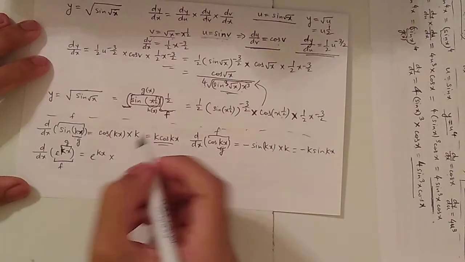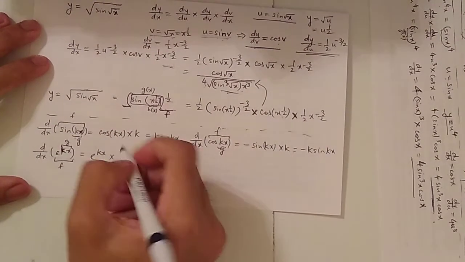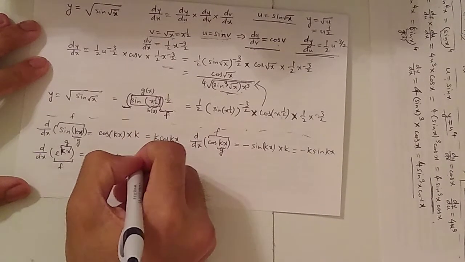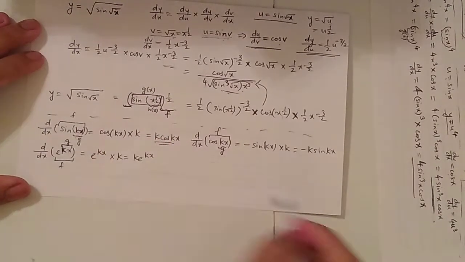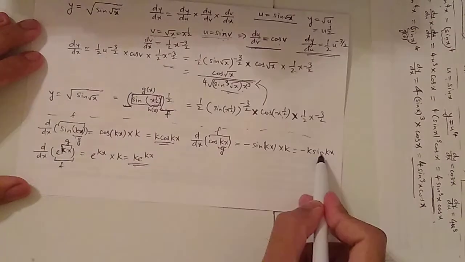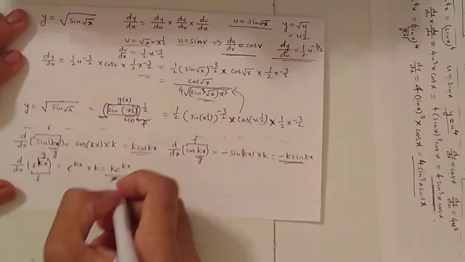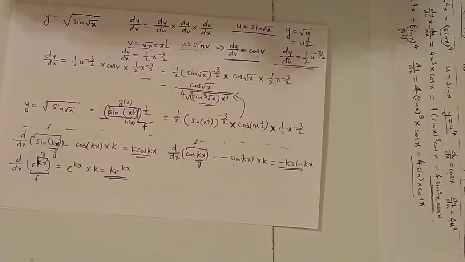And then you multiply the derivative of the inner function kx, and that is simply k. And this becomes k into e raised to kx. Again, these two were established back in section 6.1, and this one was established back in section 6.2. So this is nothing new. We're just trying to show that using the chain rule also you'll be getting the same answer.